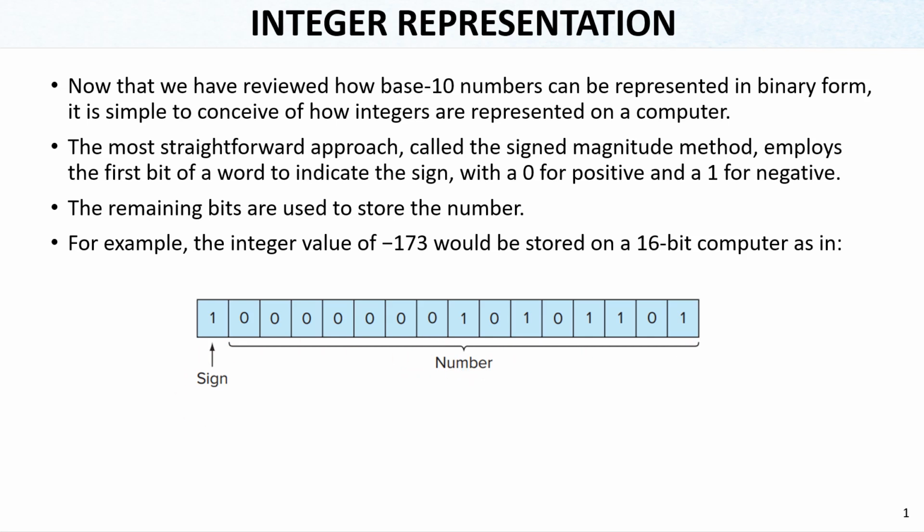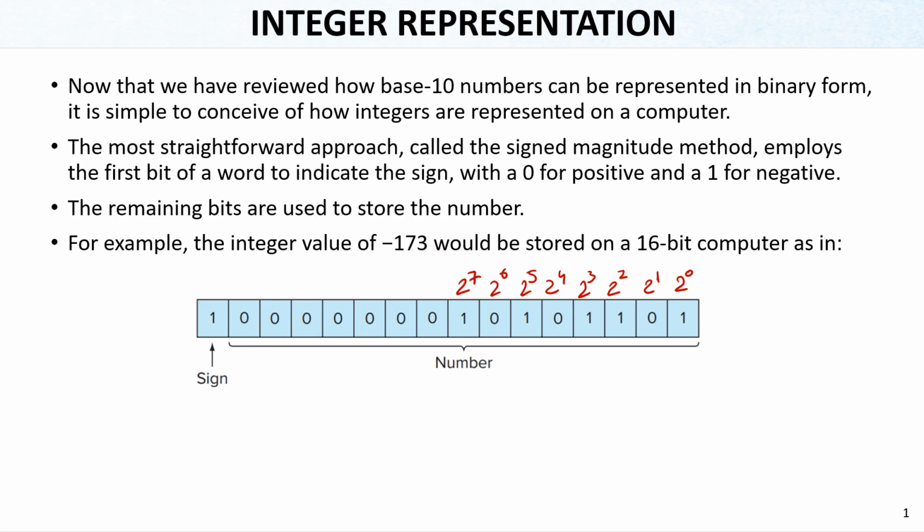From after power 7 we have zeros because the number is small. A 16-bit computer represents much greater values; by adding ones here, we can have greater values than 173.